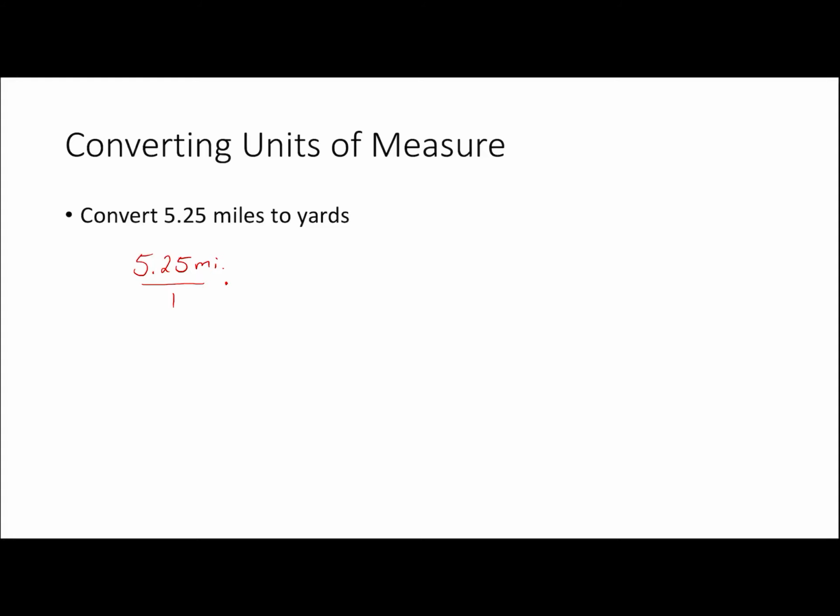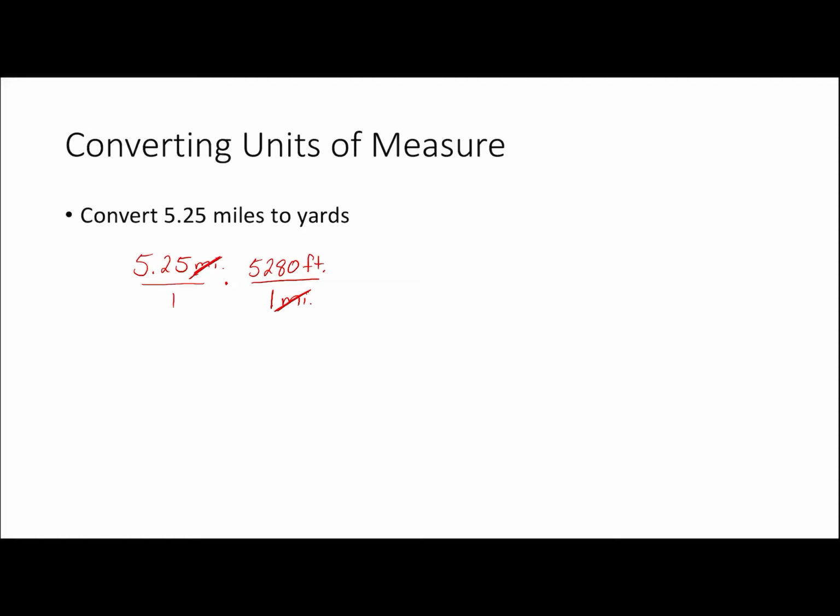If you think about a mile, it is 5,280 feet per mile. So for 1 mile. Now, you'll notice here that the unit of miles on the bottom and the unit of miles on the top should cancel out.